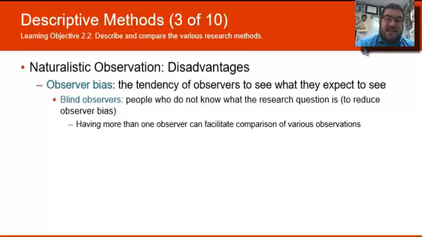The bias is the tendency of observers to see and only look for what they expect to see. It's a type of confirmation bias. So a way to levy this is to use blind observers. Send other people into the situation and let them do the observing, because they don't know what the research question is. Also, having more than one observer can help with this as well.